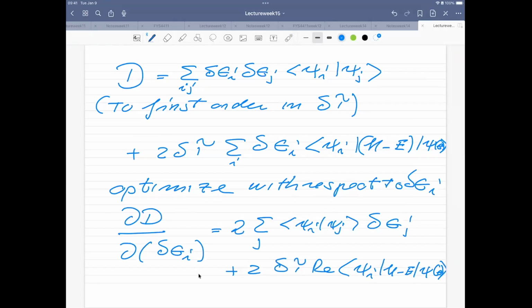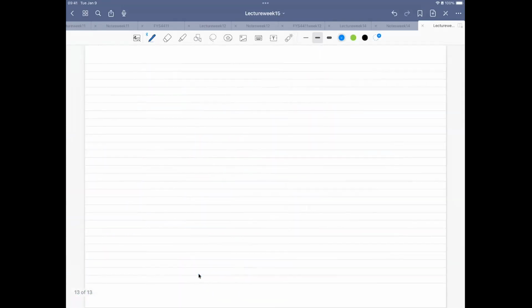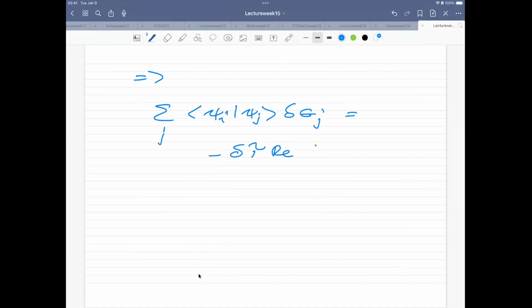And that means, since we want this to be 0, because we are minimizing, that we end up with a projected imaginary time equation in the tangent basis. So we get the sum over j of psi i, psi j, times delta theta j equal to minus delta tau, and then I have the real part of psi i, h minus e, multiplied with psi of theta.